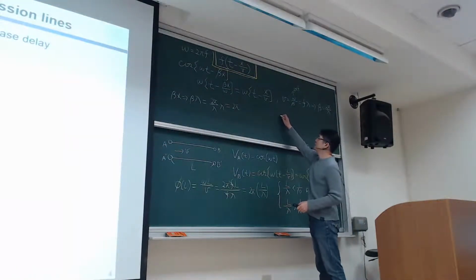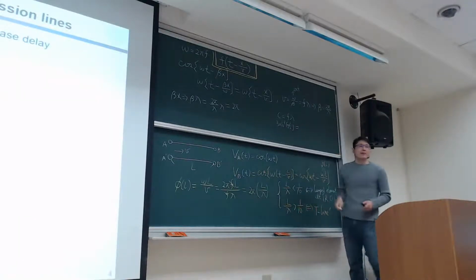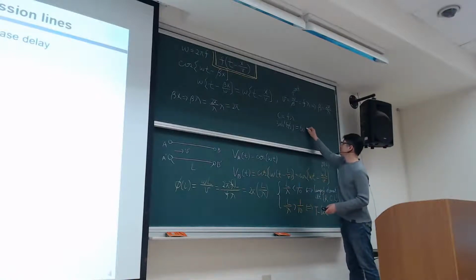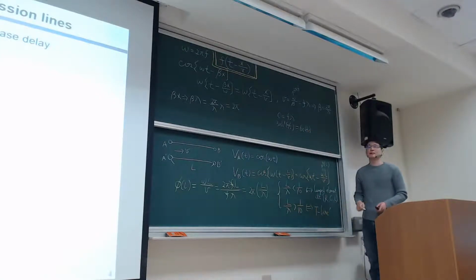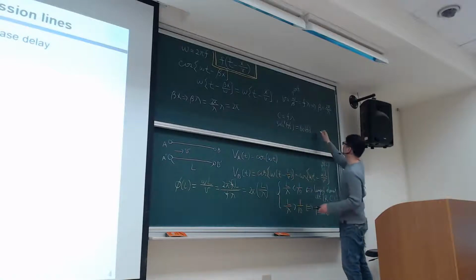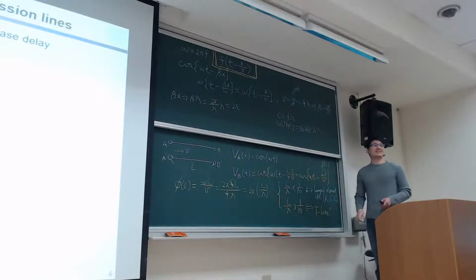C equals f lambda. So c is 3 times 10 to the 8th meters per second. If your frequency is like the power line, 60 hertz, then your lambda is how long?